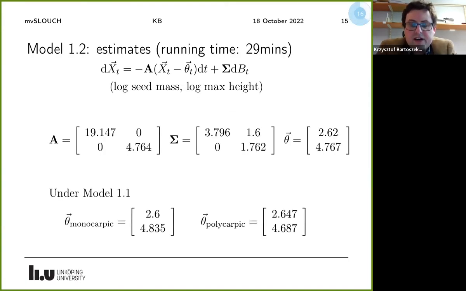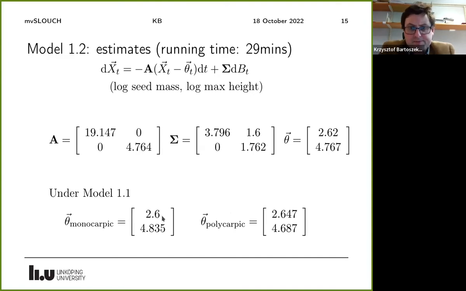Okay, and we found this set of estimates fitted best. So we had a drift matrix and this drift vector here. Under the model where this drift vector was separate for monocarpic and polycarpic plants, you can see that these values were very, very close to each other.